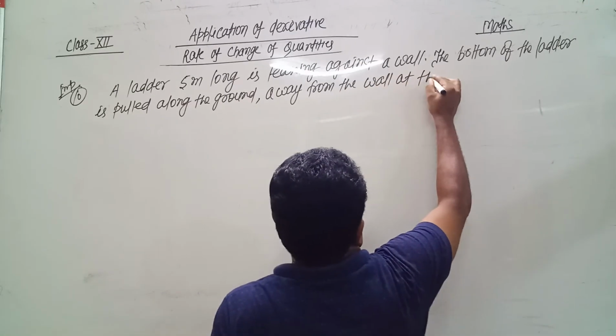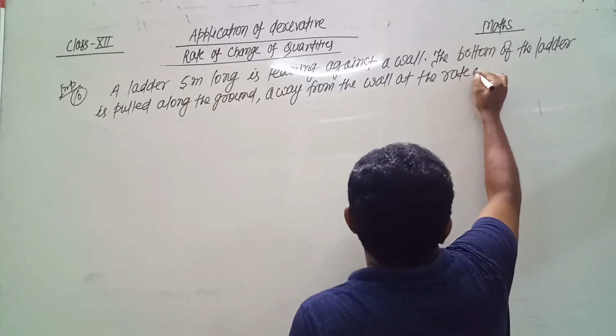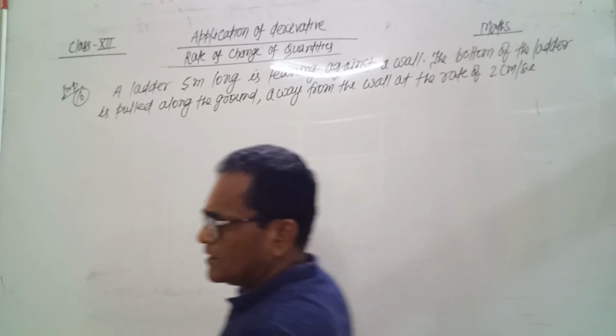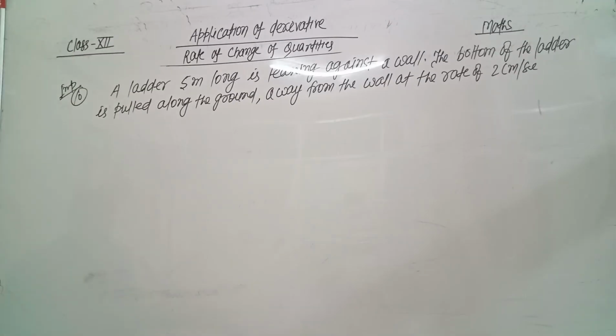The bottom of the ladder is pulled away from the wall at the rate of 2 centimeter per second.